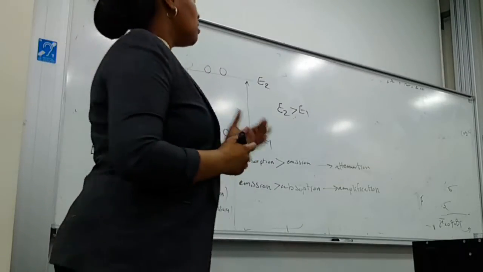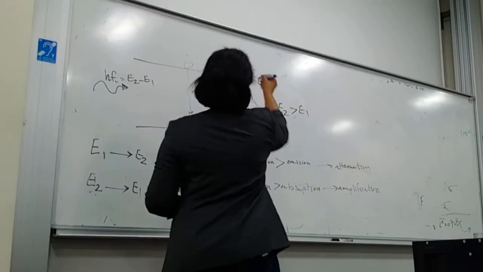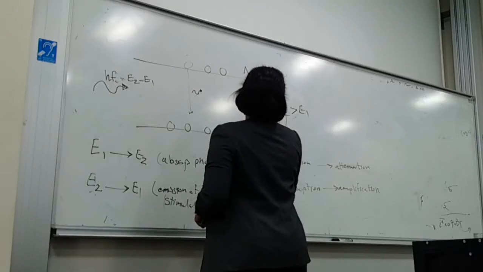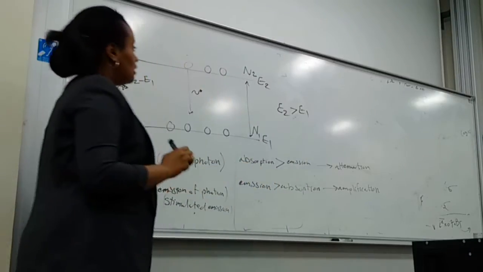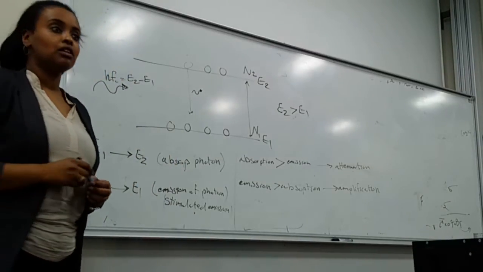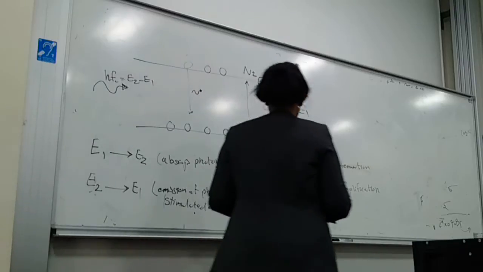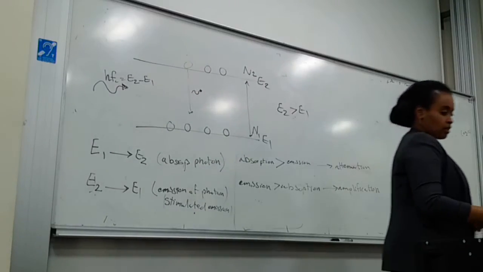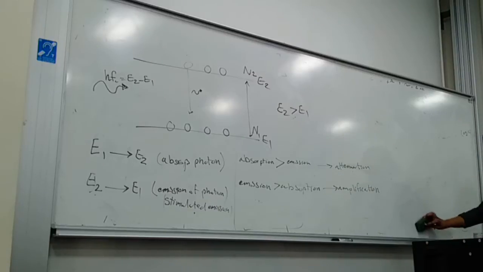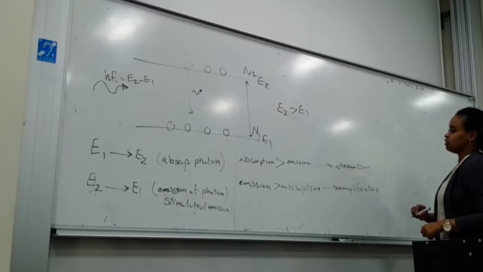Which means that if we say this is N2, the population at level 2, and N1, the population at level 1, at equilibrium, N1 is greater than N2, which is not what we really want.